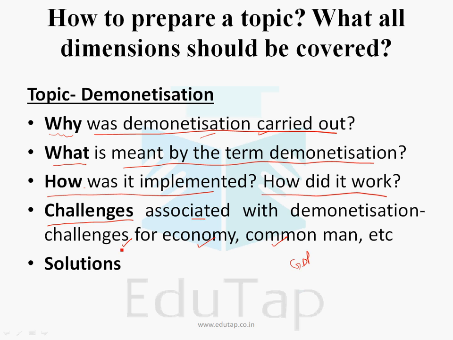So you have to talk about challenges, then corresponding solutions. Once you are thorough with the why, what, how, challenges and solutions of a particular topic, in the examination when an essay is asked, it will be on any of these five dimensions or a combination of these five dimensions only. Let's move on.